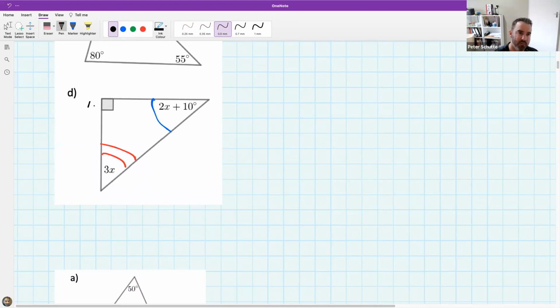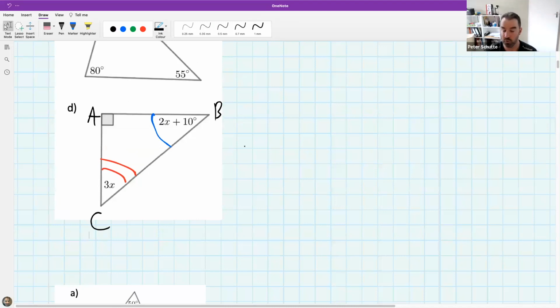Let's give them some names. We'll call it A, B, C. So over to you guys. Can you find the value of x using the idea from the previous question? And then once you find the value of x, can you tell me the size of angle B and the size of angle C?